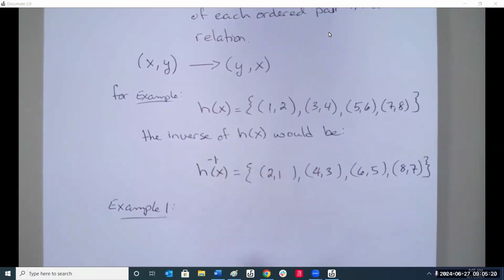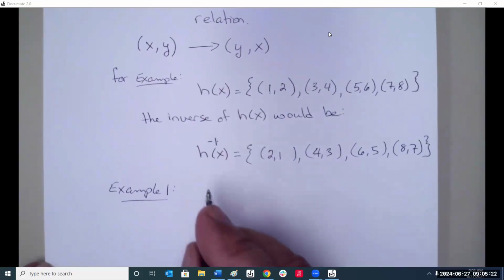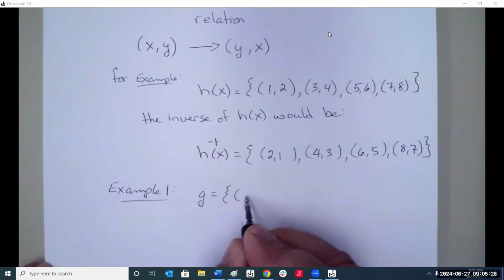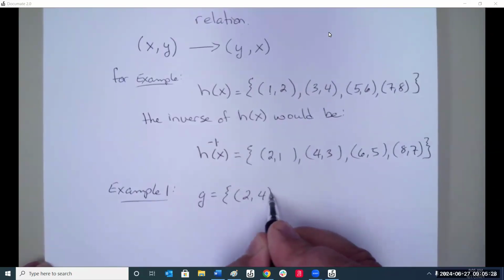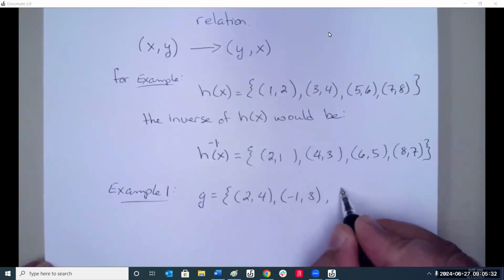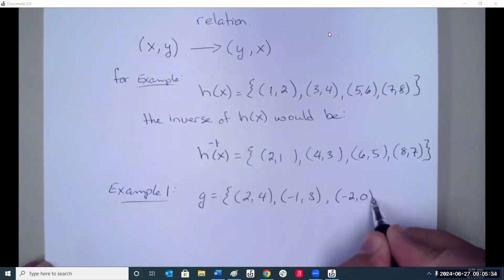Example 1. G is comprised of these points: (2, 4), (-1, 3), (-2, 0).